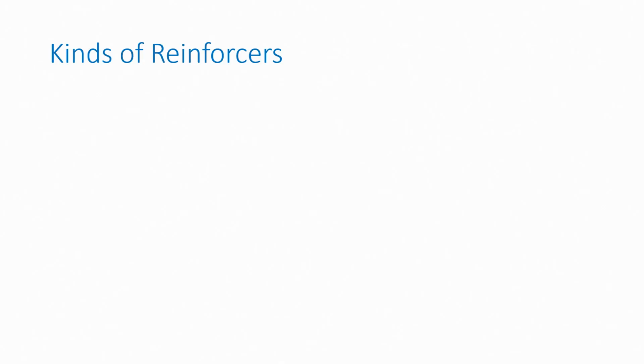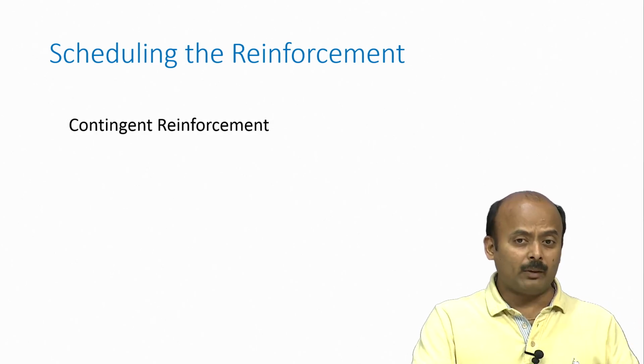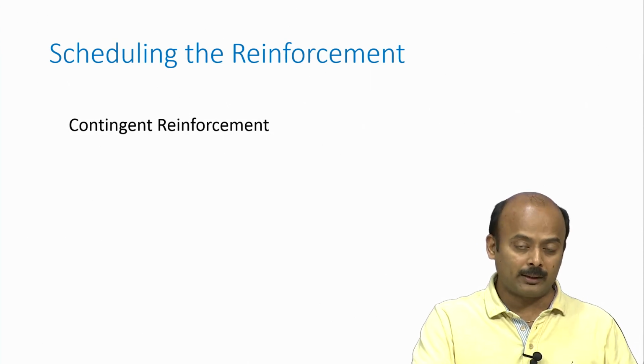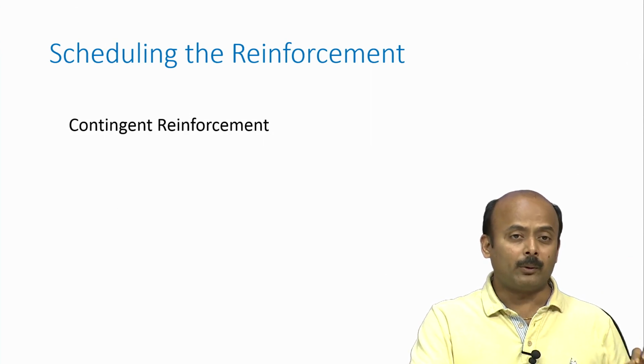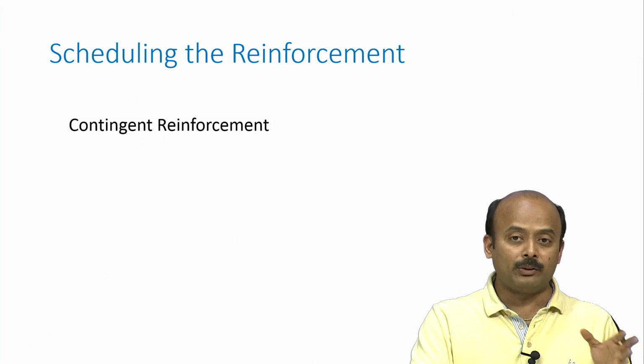So far, whenever we have used different kinds of reinforcers, and the primary reinforcers, we have always used them in a contingent manner. That is, whenever there is a response, you present it. That by itself gives some contingency, but remember our discussions about Rescorla-Wagner: you can also have contingency without continuity.